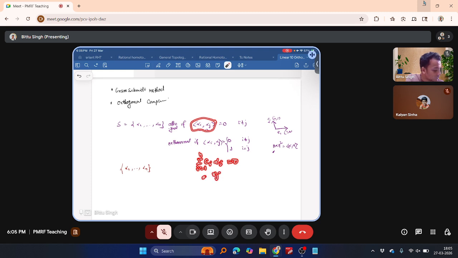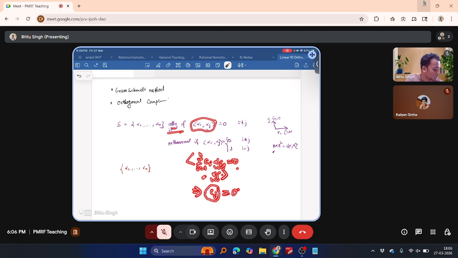From here you deduce that cj equals 0, and this holds for all j, because alpha i comma alpha j is always 0 if i is not equal to j by definition of orthogonality. The only term which survives is cj.